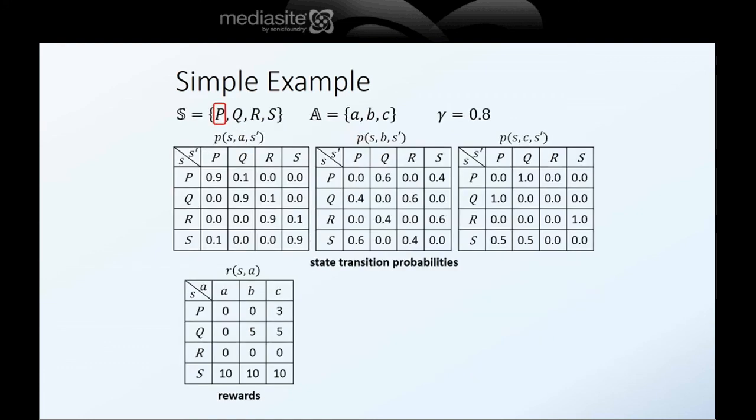So now again from state P and action C. We look at the third table here, which corresponds to action C. And the first row is the transition probabilities from state P, which is 0, 1, 0, 0. And the reward is 3.